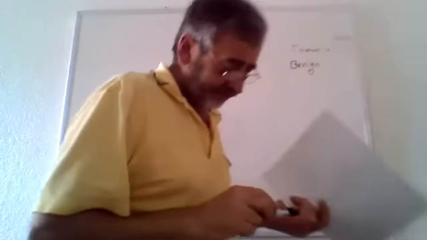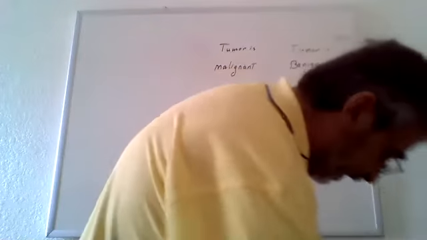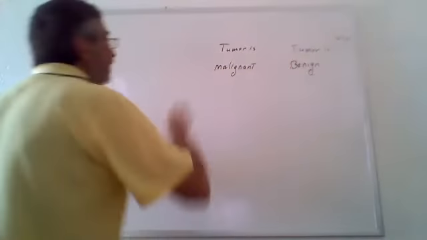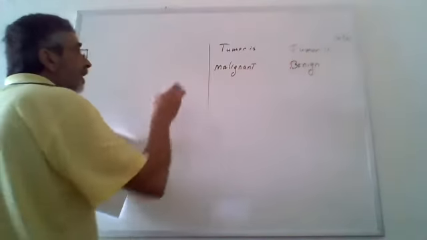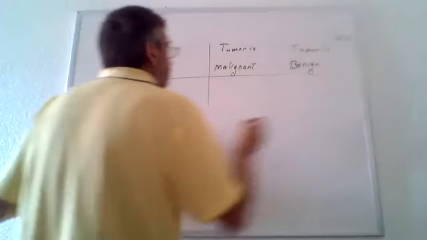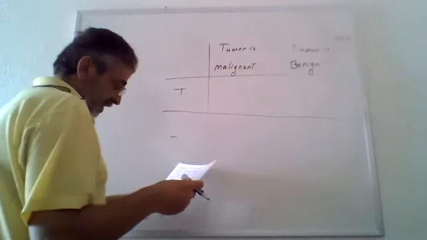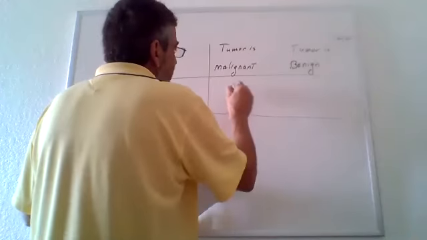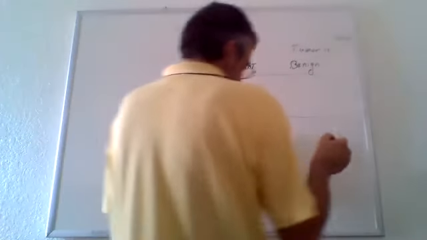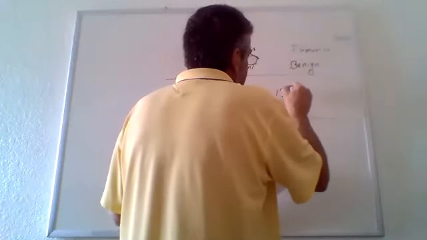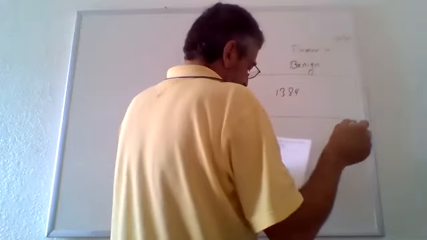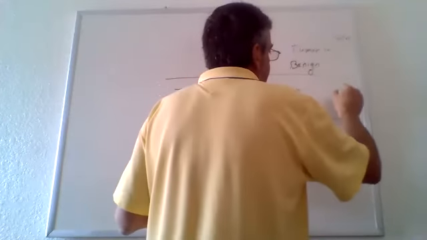Okay, here's what we have. Positive, negative. There's 85 positive, 13, 84. And then 14, 69.